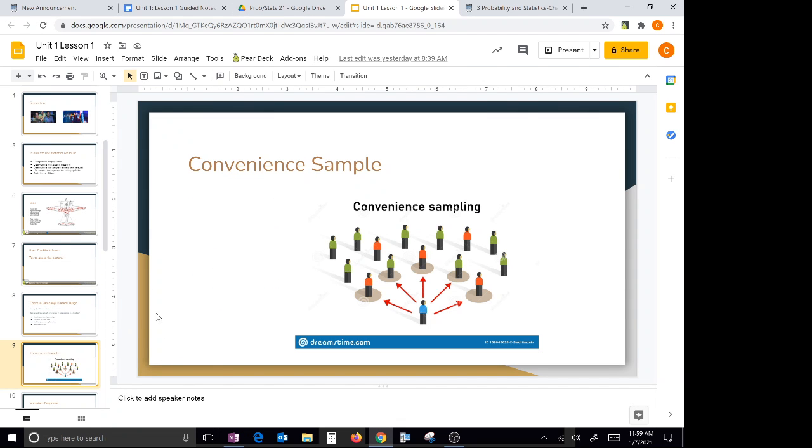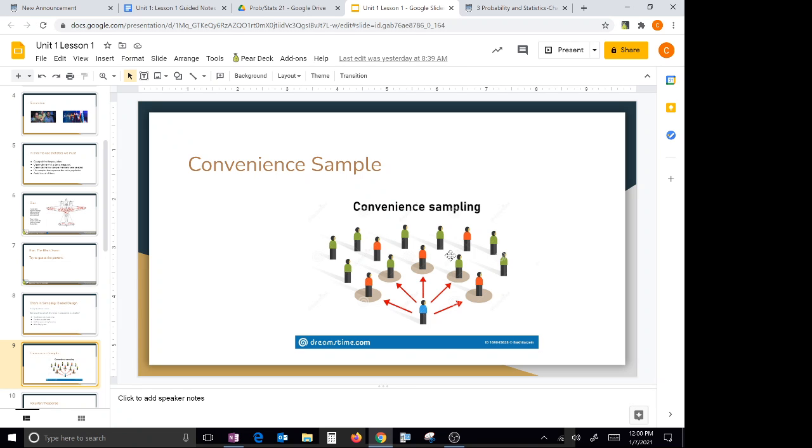Convenience sample. Convenience sample means that you go out and you only sample the people that are easiest to get to. Okay, the closest. That's why we call it convenience. The most convenient people. So it could be like the first 50 people you run into. It could be only your closest neighbors. First people you run into at the mall. Whatever the case may be.